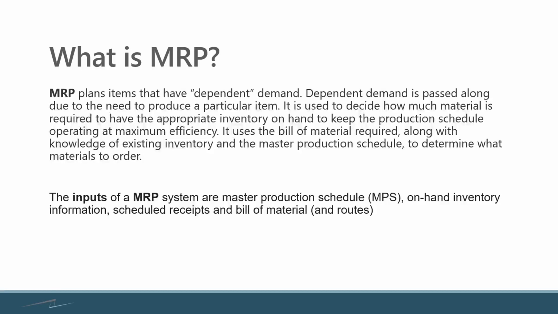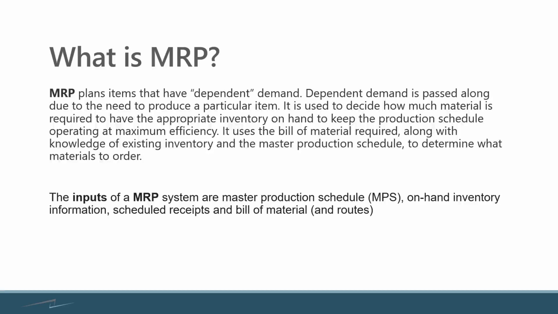We're going to be using our bill of material, we're going to be using our routes, we're going to be looking at capacity, and we're going to be trying to say what is the most flexible way to minimize inventory, optimize resources that I have to produce or purchase an item.